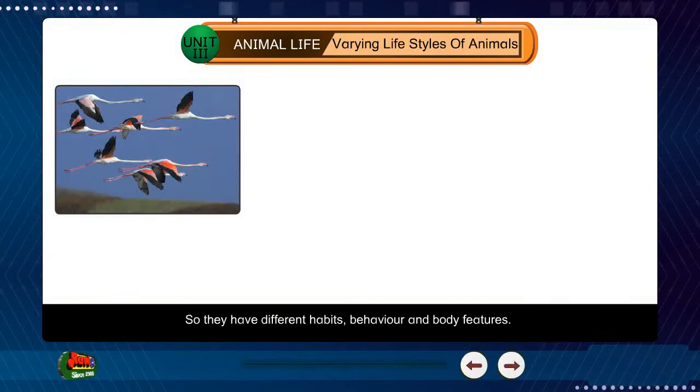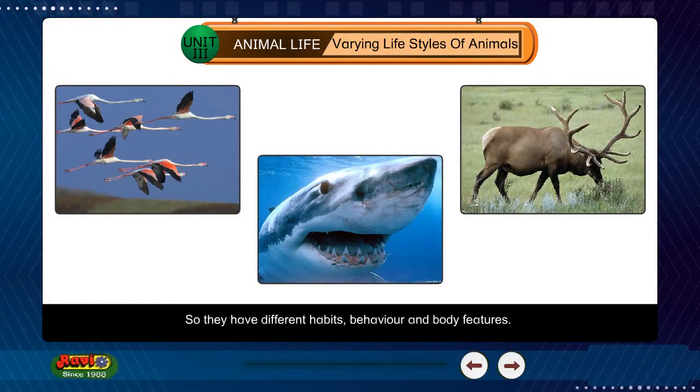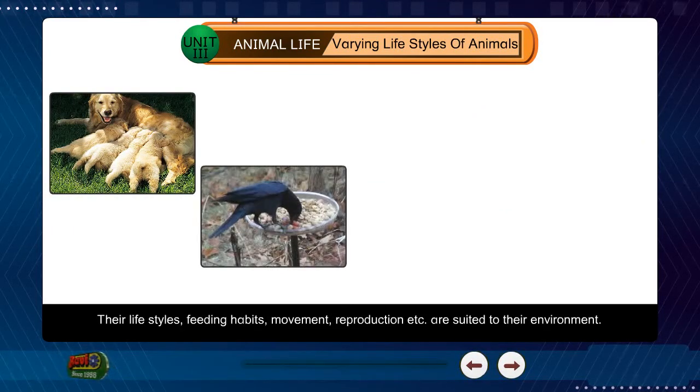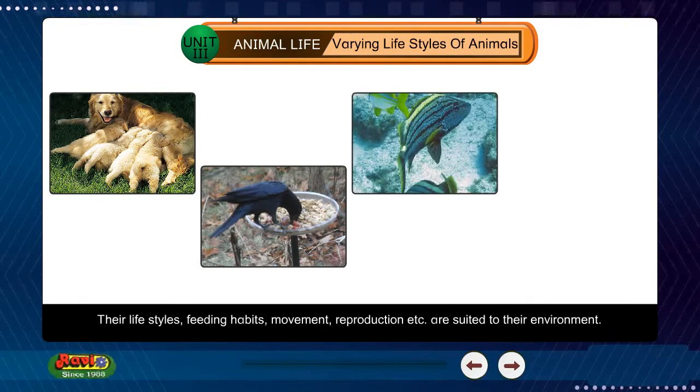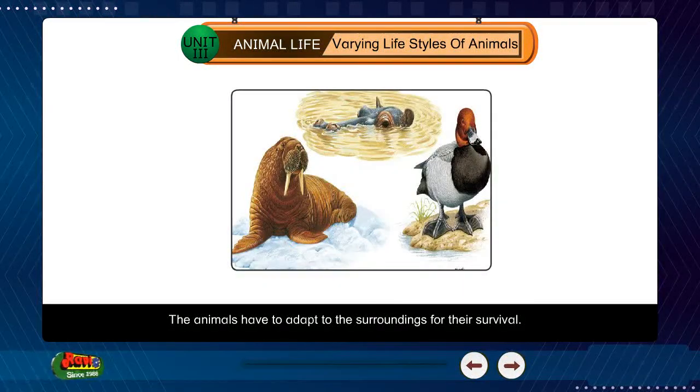So they have different habits, behavior, and body features. Their lifestyles, feeding habits, movement, reproduction, etc. are suited to their environment. The animals have to adapt to the surroundings for their survival.